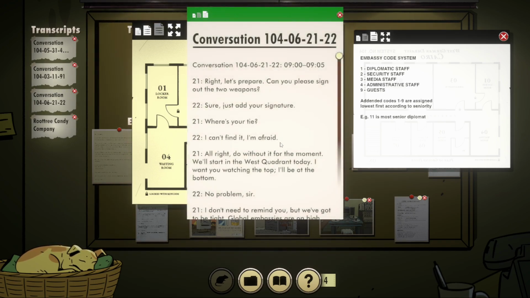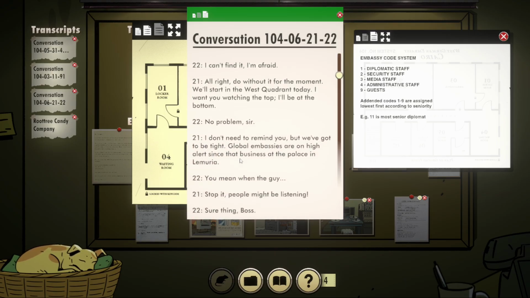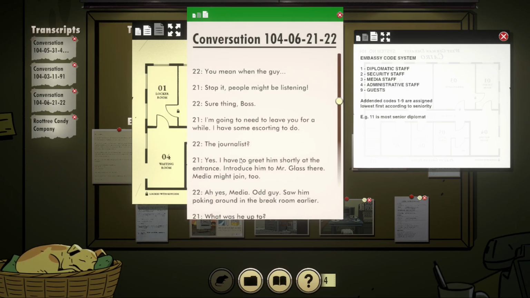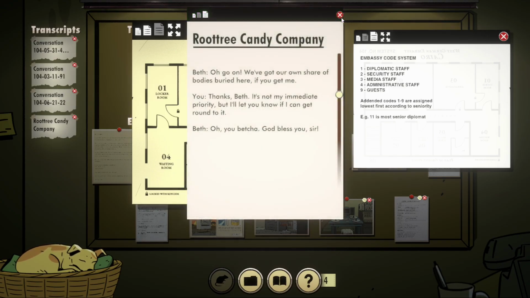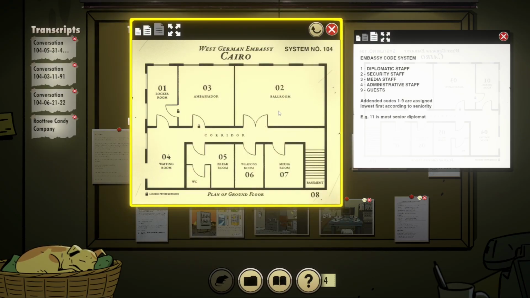Wait, hold on. He's escorting. Who's he escorting? I mean, obviously like 11, right? I don't know my cardinal direction. What's west? Is that the left side? It is. It is the left side. Okay, okay, okay.